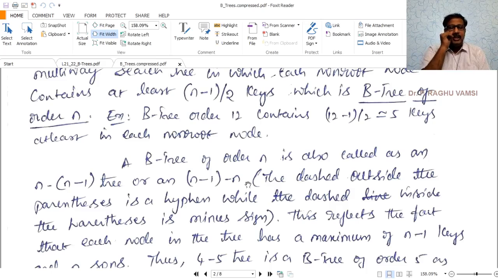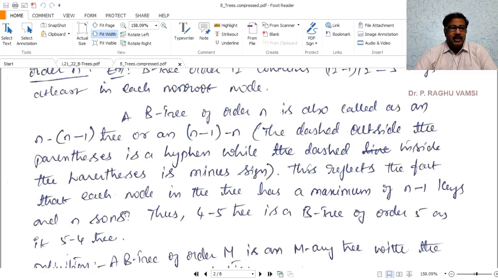In the literature, you will find alternative names for B trees, like M-way search trees. You will also find B tree straight away, and MN trees. MN trees means M-N, where M is equal to order minus 1. This is the way you will also find it in some literature. The dash outside the parenthesis is the hyphen, while the dash inside the parenthesis is the minus sign.